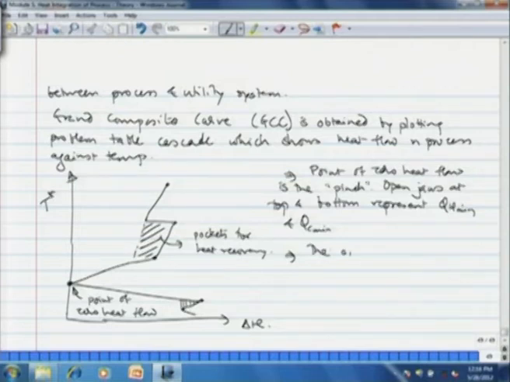The open jaws or the shaded areas represent the areas of additional process to process heat transfer.